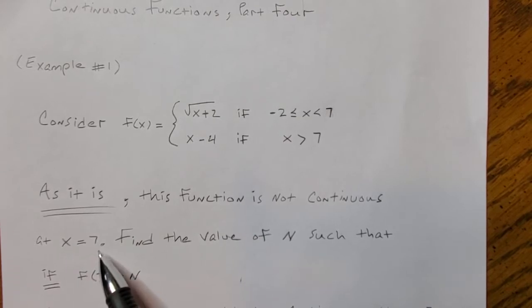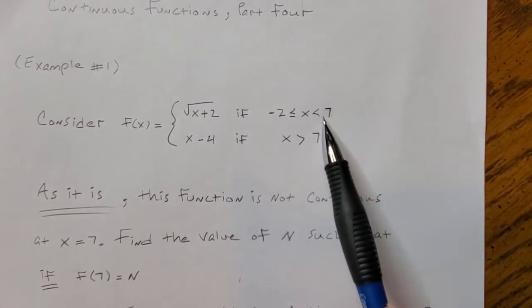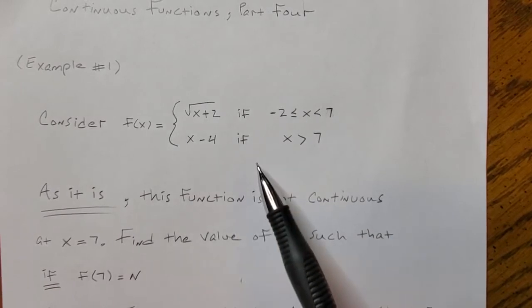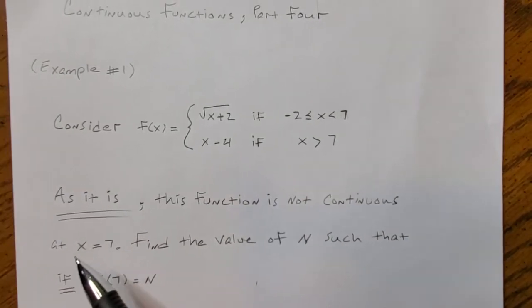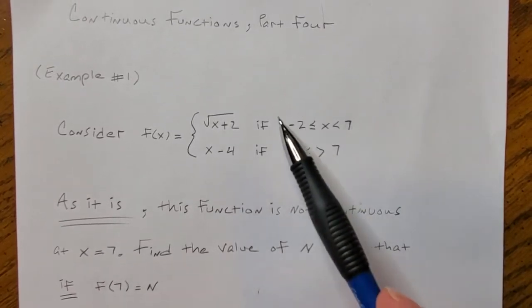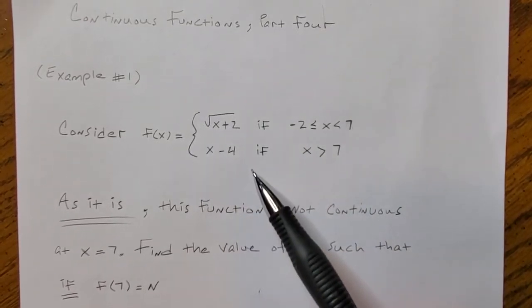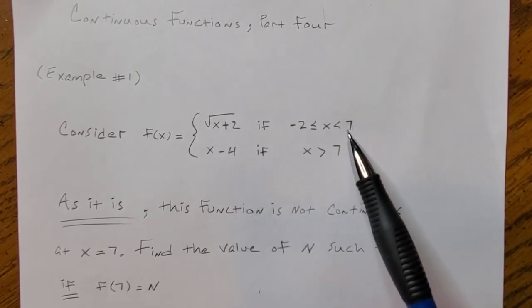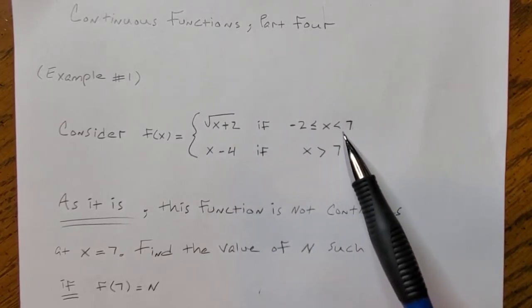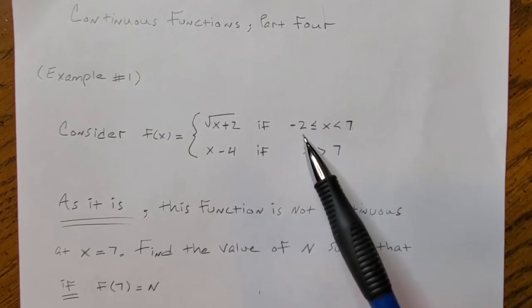All right, so why is that? Well, what do you get out of this function when x is 7? When 7's an input, what do you get for the output? This is undefined at 7. This formula does not apply for the input 7. It's for only x less than 7, greater than or equal to -2.